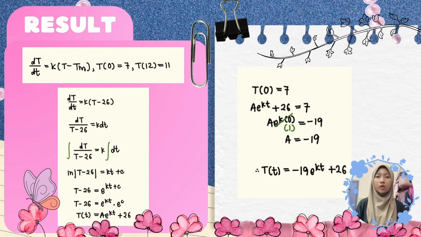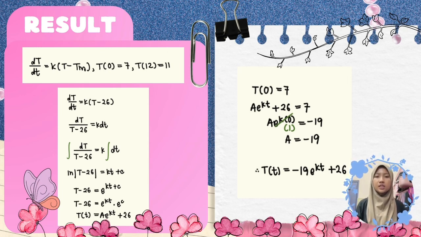So, the derivative of temperature with respect to time equals k multiplied by T minus 26. Then, we rearrange to get dT over T minus 26 equal to k multiplied by dt. Then we integrate both sides. Then we get ln modulus of T minus 26 equal to kt plus c.